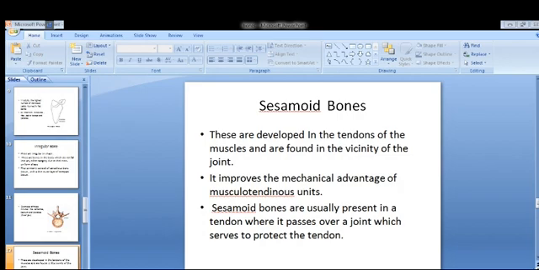In the case of the patella, this is found in the knee joint only.